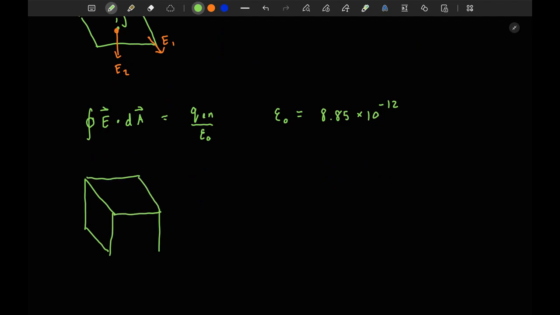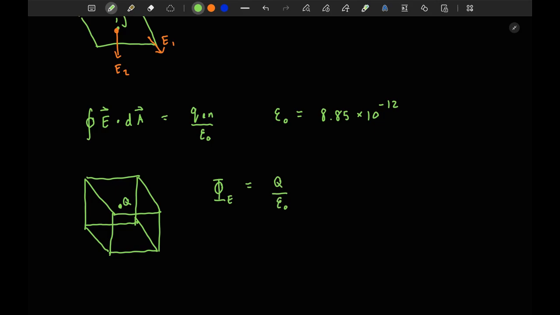And if I do that, note that our charge will be at the center of that cube, which of course is a little hard to draw, but imagine that this is the center. What Gauss's law tells us, without any computation, is that integral E dot dA, the flux, so phi E through the entire cube, is going to be equal to capital Q over epsilon naught. So that is what we know through Gauss's law.